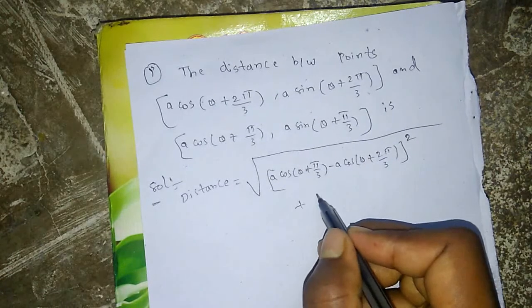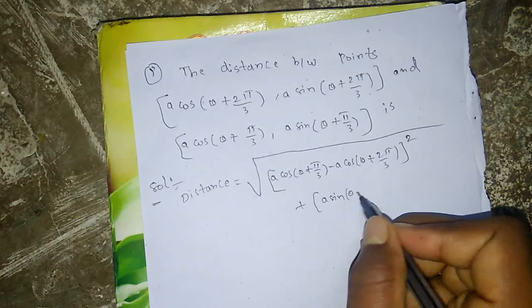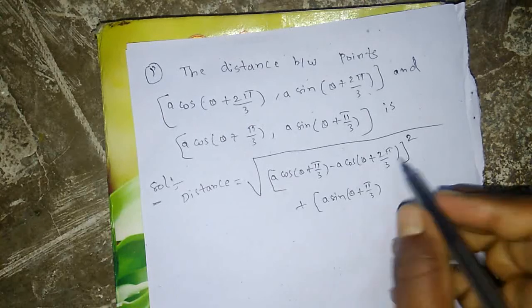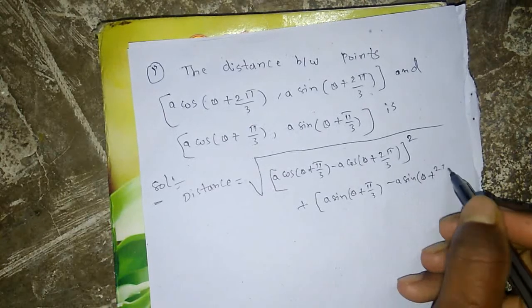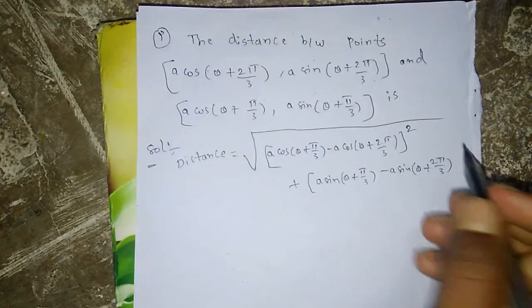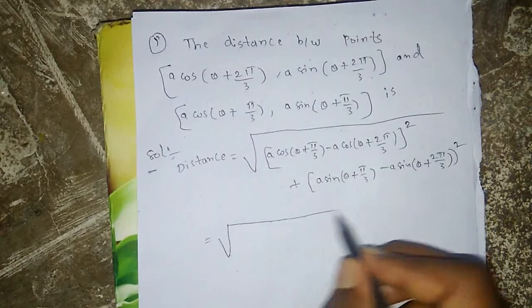plus (a sin(θ + π/3) − a sin(θ + 2π/3)) whole squared, all under root. So now expand this.